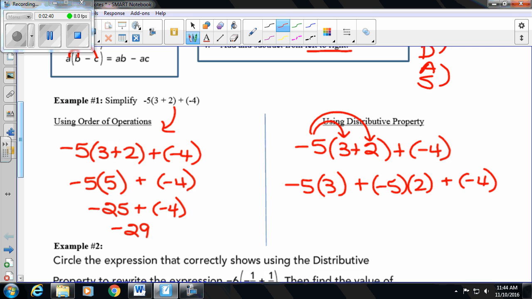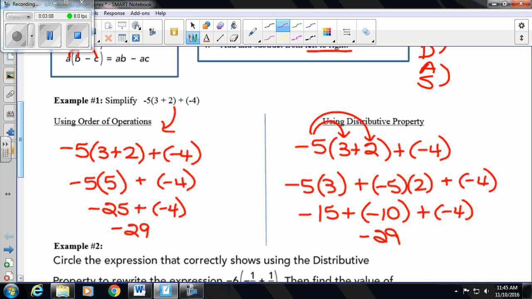So negative 5 times 3 is negative 15, plus negative 5 times 2 is negative 10, plus negative 4. Notice how I kept my negatives following the plus sign in parentheses so that I was clearly able to see what we were doing. So negative 15 plus negative 10 is negative 25, plus negative 4 is negative 29. I did get the same answer.